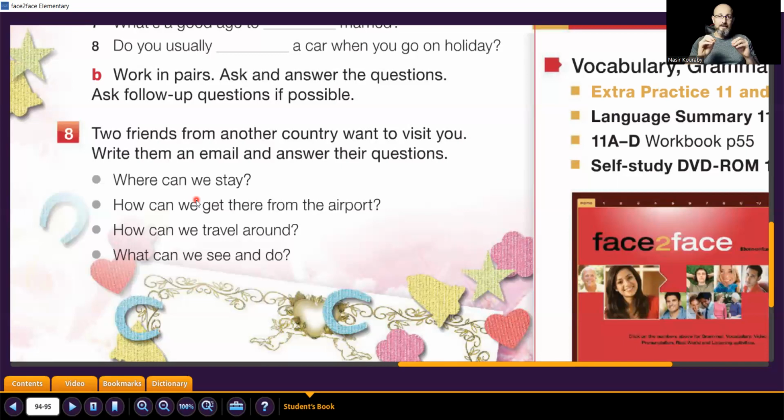It will be a good idea if you write, okay, and put it in the comments down below. Why? Because I will read it. If you have any mistake, I can tell you. This is a good chance. Now you write and you put it in the comment. I will check and I will correct for you.